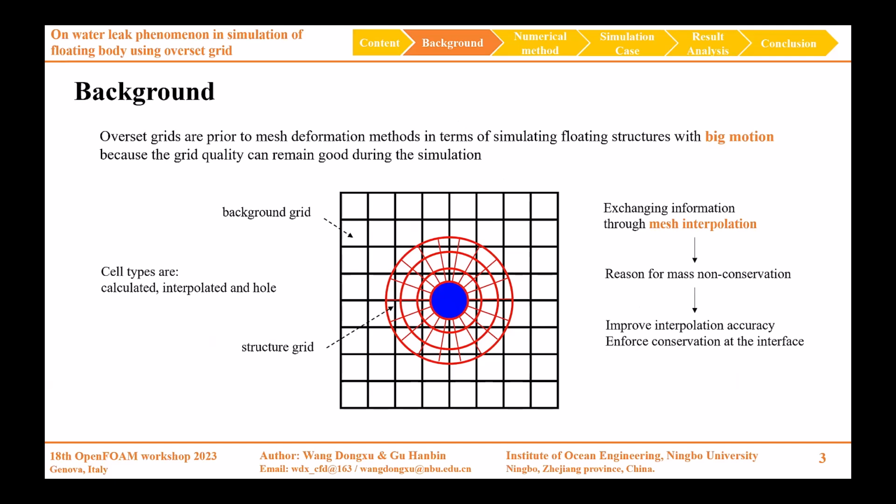So we focus on improving the interpolation accuracy here. But to be honest, the fundamental problem still exists. But indeed, using a high order interpolation scheme helps to improve the performance of the OVERSET grid. Yeah. Thank you. Yes, okay.